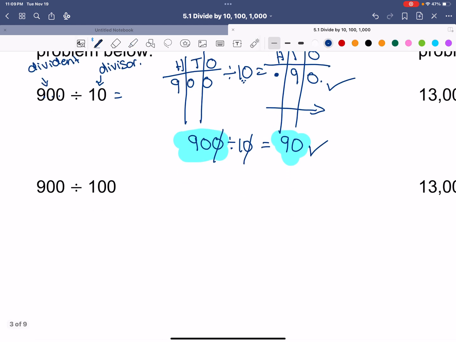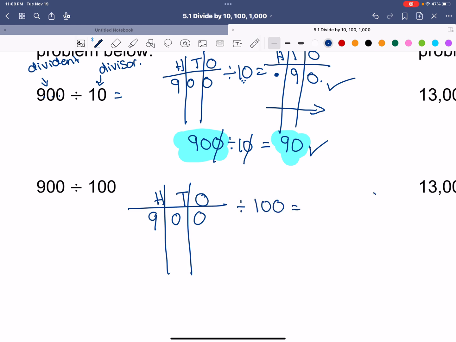Let's do the next one. 900 divided by 100. So let's go ahead and put in a place value chart. That's my first step all the time. I got 3 places. 900 divided by 100 equals another place value chart on this side, OTH.